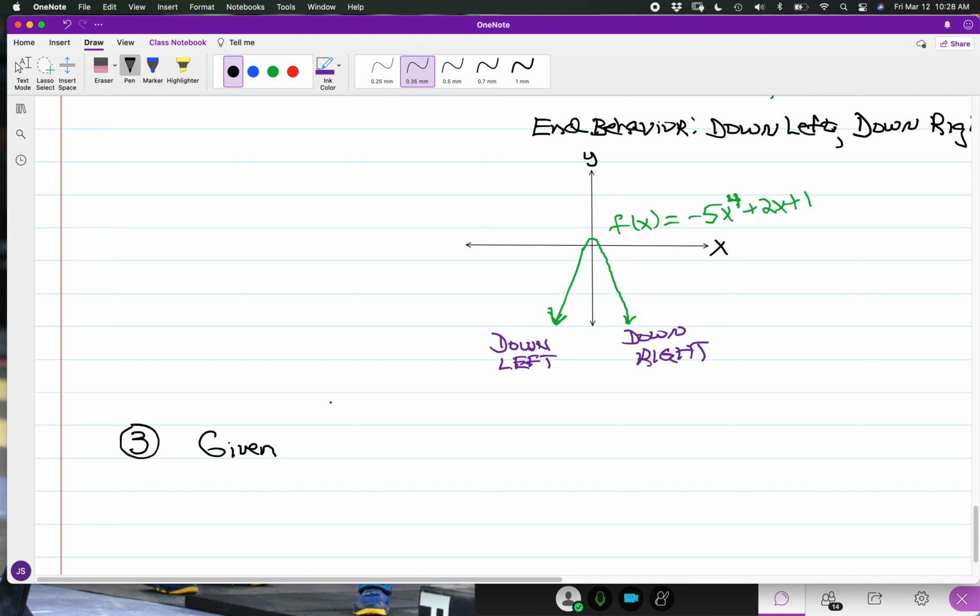Given f of x is equal to negative 2x cubed times the square of x plus 4, so negative 2x cubed times (x plus 4) raised to the second.